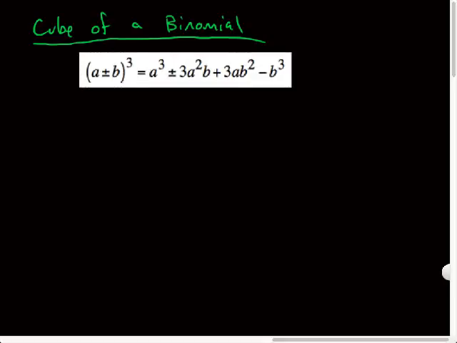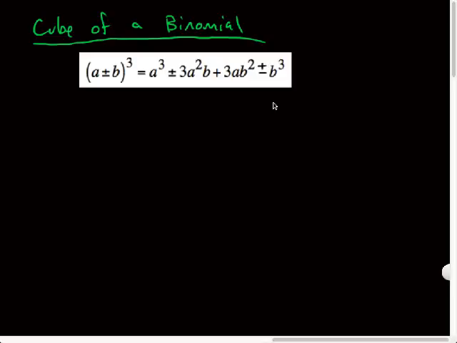So, cube of a binomial pattern. Notice where the plus or minuses exist. Oh, guys, I made a mistake in the formula. This right here was supposed to be a plus or minus sign there on the last one.